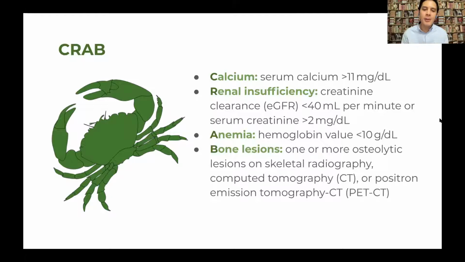C for high calcium, R for renal insufficiency, detected with lab values reporting a reduction of your kidney function, A for anemia, usually reported with a decrease in the hemoglobin, or B for bone lesions, usually reported in an X-ray survey, a CT scan, or a PET-CT.